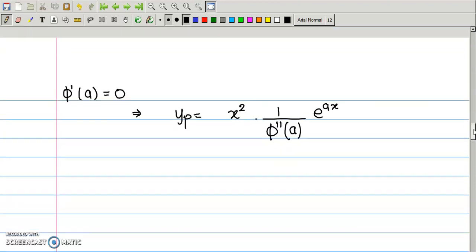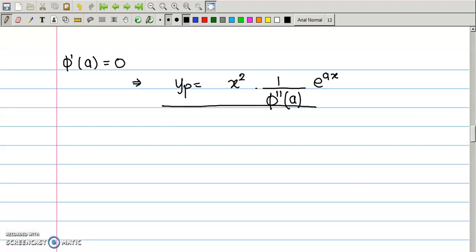So how do we get this formula? Let's take one general example. Suppose we take d square plus 2d plus 1 y is equal to e raised to minus x.